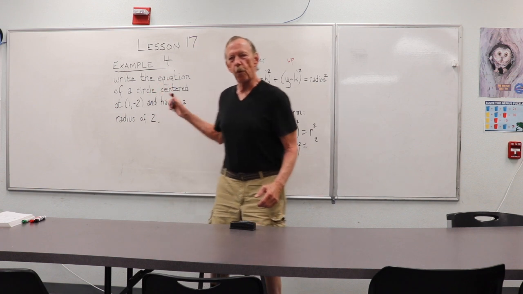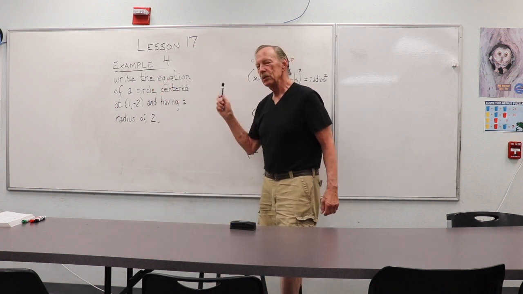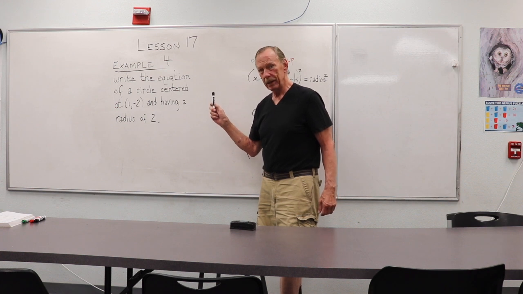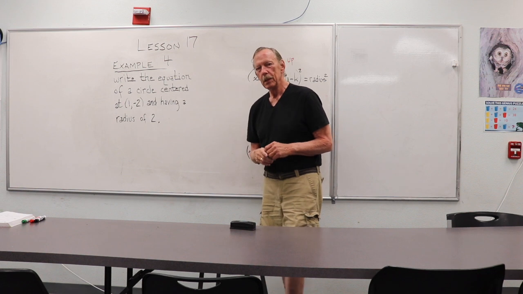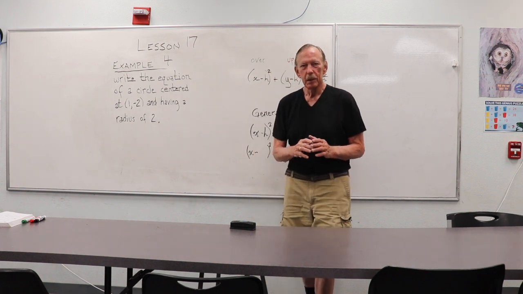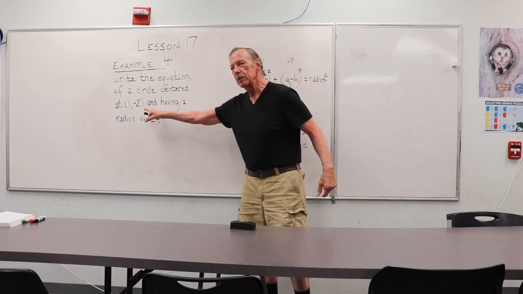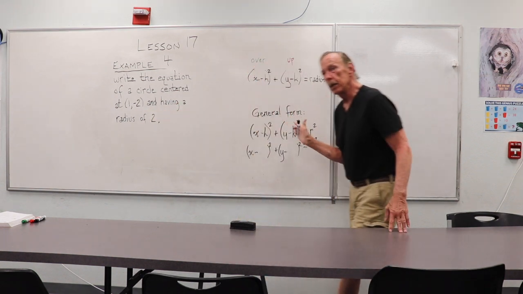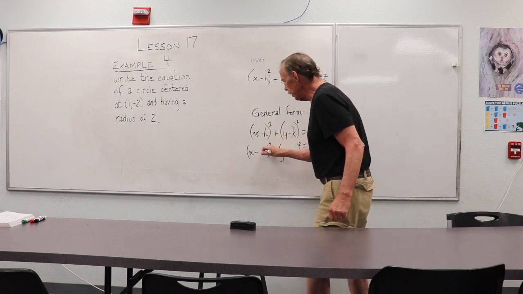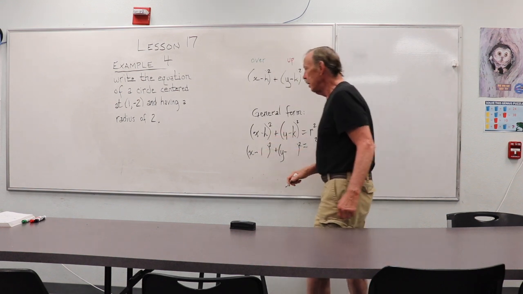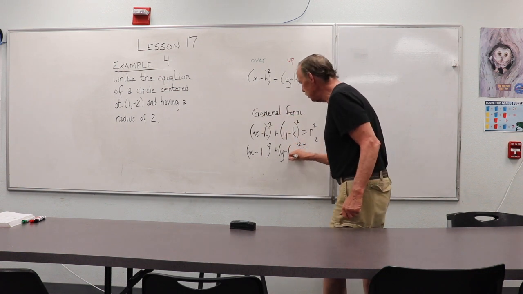In example 4, we're tasked with writing the equation of a circle centered at 1, minus 2 with a radius of 2. Once again, last time I'm going to say this, don't get creative. Take these numbers and put them in over here. h is 1. k is minus 2.